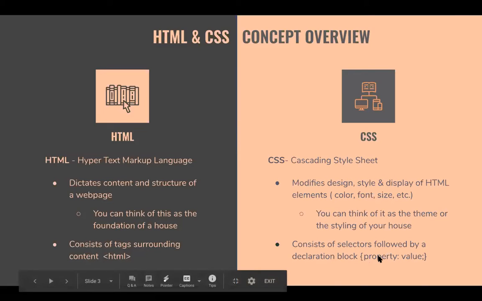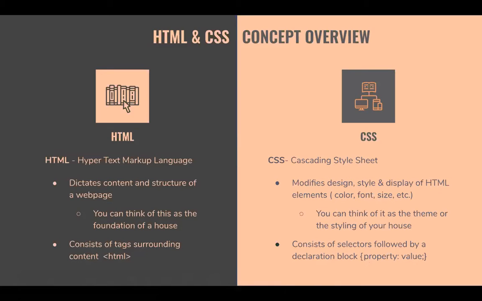But this corresponds to what we are going to put inside of those little squiggly brackets. So property is the thing that is talking to a specific part of your code. So let's say you're talking specifically about, oh, I want to change the color on this specific part of my story, you would have to insert.